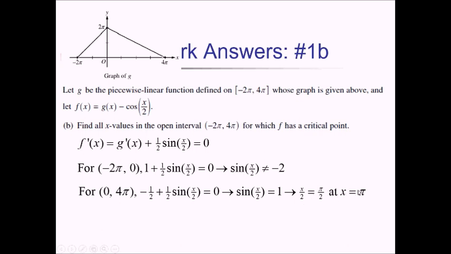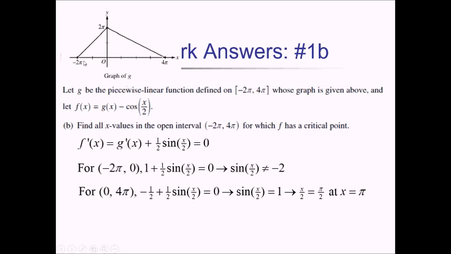This is one value, at least between negative 2 pi and 4 pi, that is going to give you 0 when you plug it in this derivative. So that's all the values that we could possibly get by having f prime equals 0. However, we also have to consider where f prime is undefined. And sine is not undefined anywhere, so we're not going to have issues there. But g prime is not going to be defined everywhere.